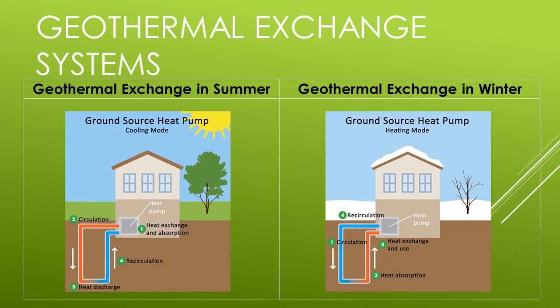Everything else is kind of a natural process. Really, not much energy is needed to heat up or cool down the home. We're using the natural temperature of the earth to do it.